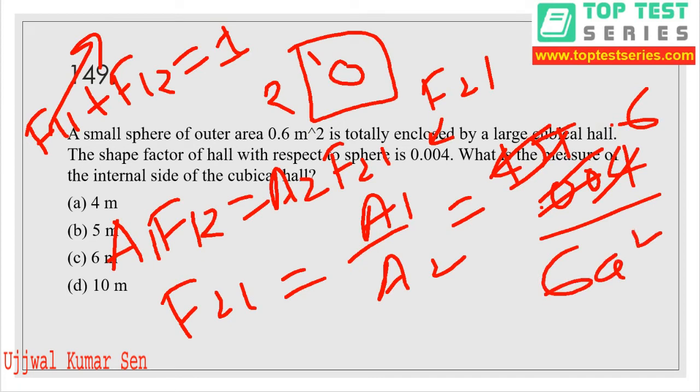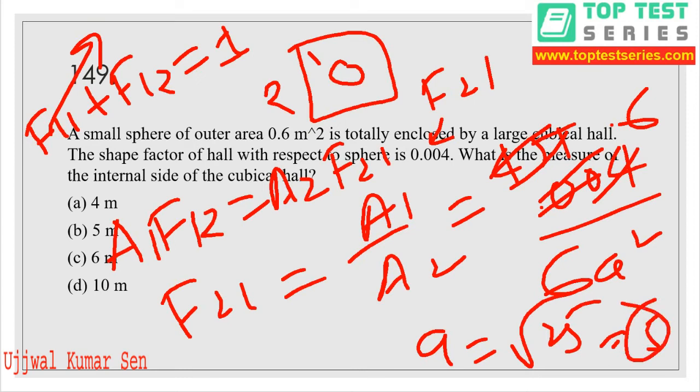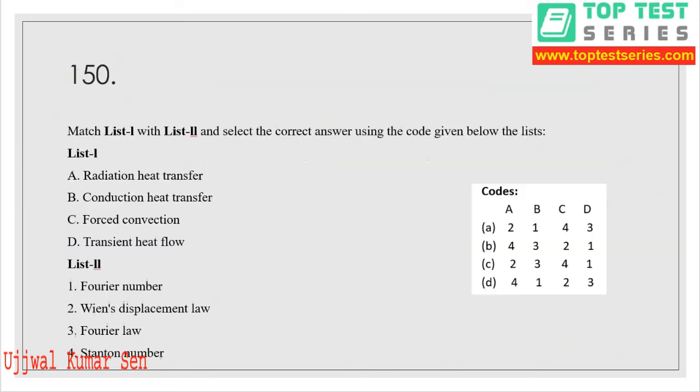F21 is given as 0.004. Now we have to find a. We simplify this and find the answer. So a is equal to root under 25, which is 5 meter. That means option B is the correct answer for this question.